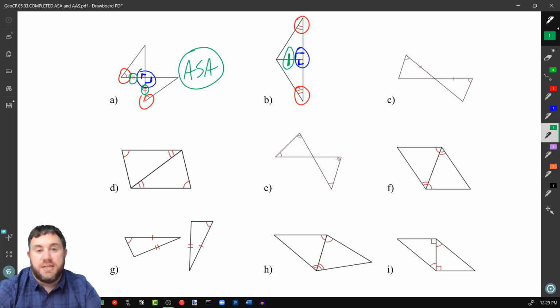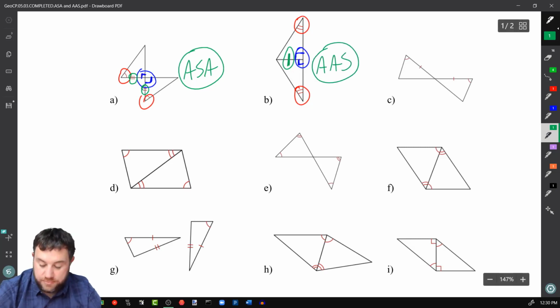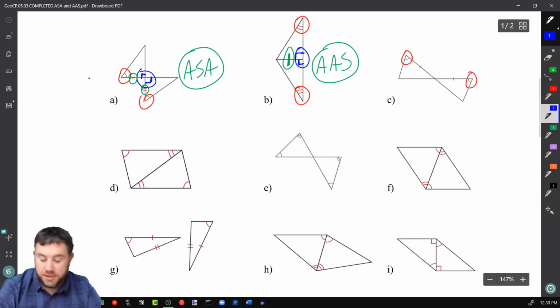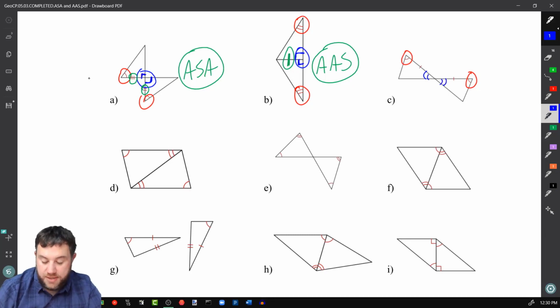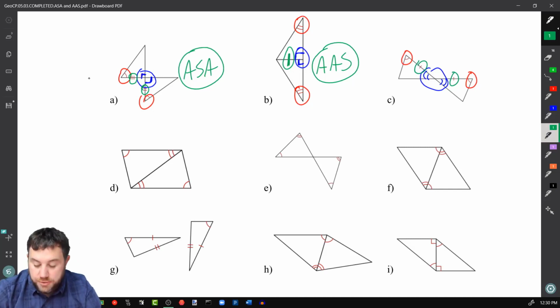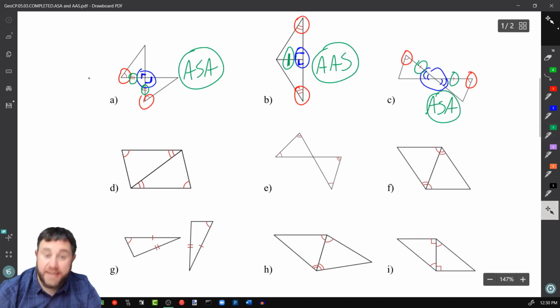The red and blue angles are not connected by the sides that are congruent, and so that means it's AAS. For C, we've got this pair of angles, the ones that are marked. We've got some vertical angles that are congruent. We use 2 marks because they aren't the same as the ones circled in red, but they are congruent to each other. And then we've got our pair of congruent sides. Our sides do connect the angles, so that will be angle, side, angle.